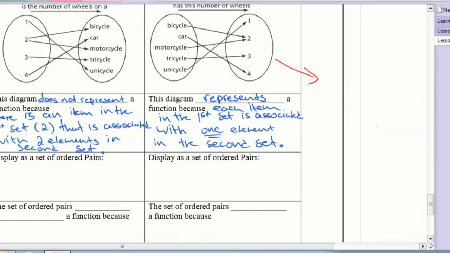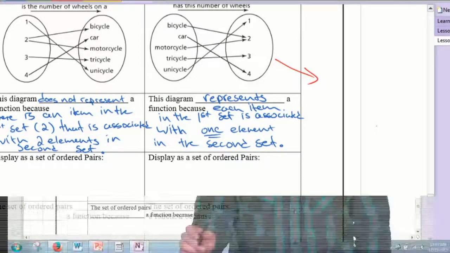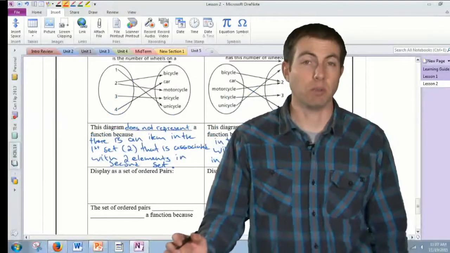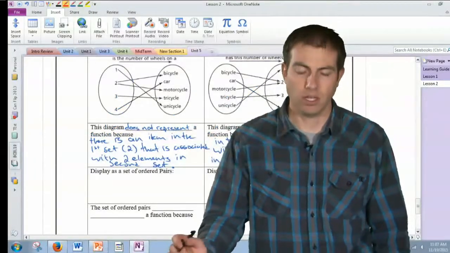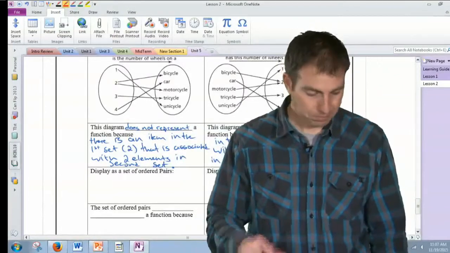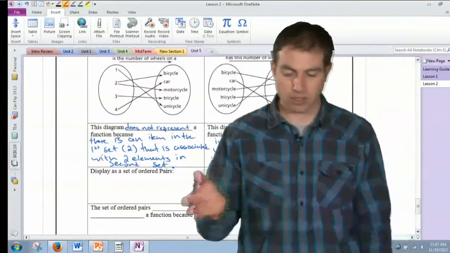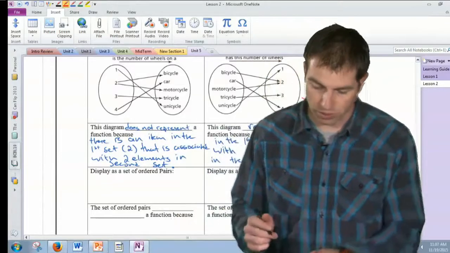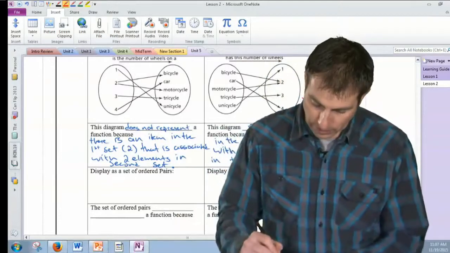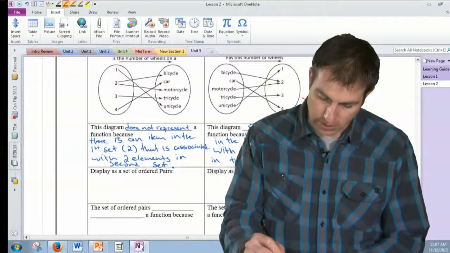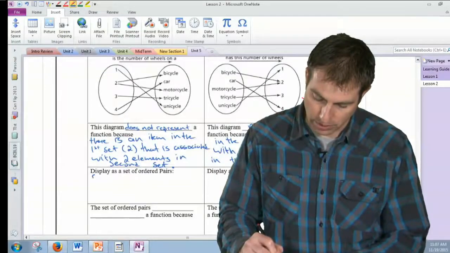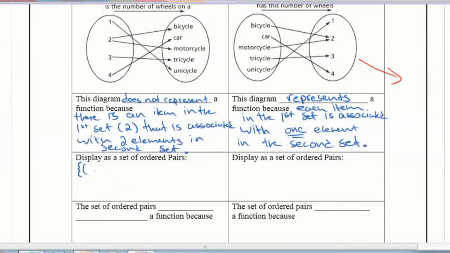It might be a good bar graph or something, but generally speaking in Math 10, we're not going to deal with bar graphs. It'll be almost all point plots. So we need to represent it a different way, as a set of ordered pairs. As a set of ordered pairs, sets always start with squiggly brackets, and then my first ordered pair is going to be 1, and that represented a unicycle.